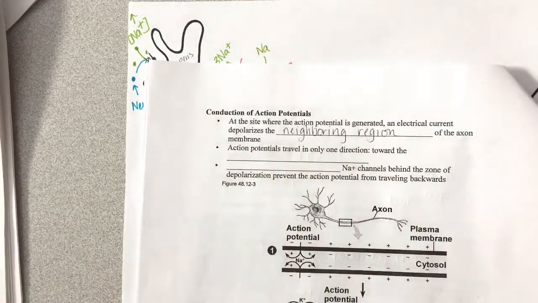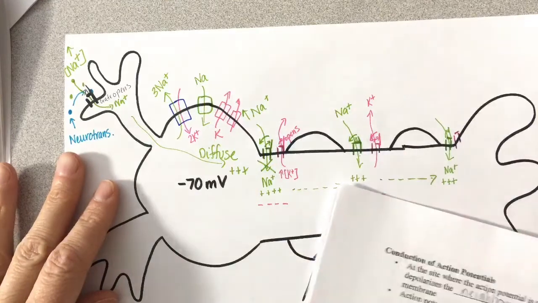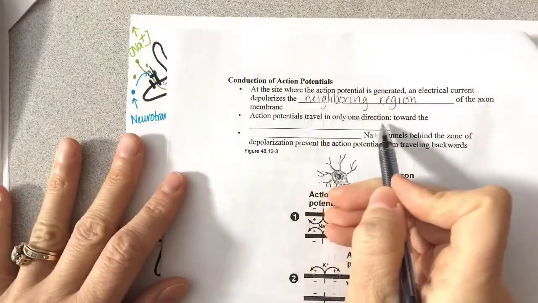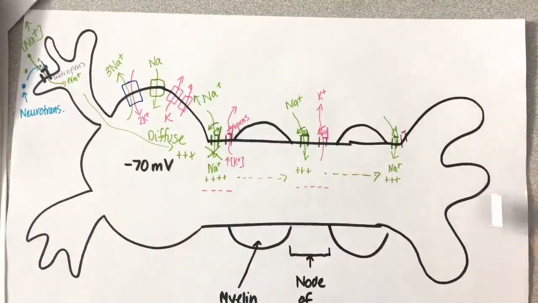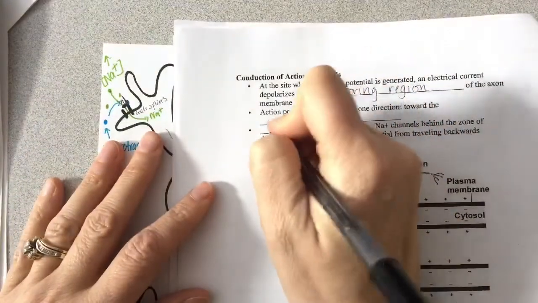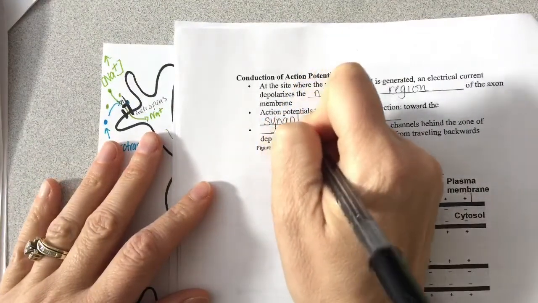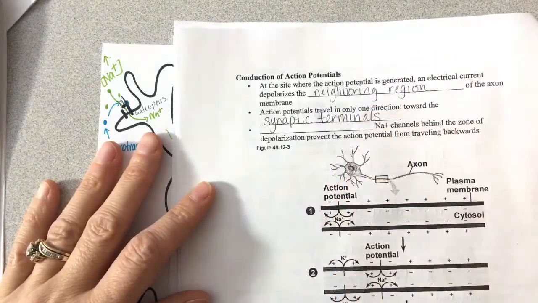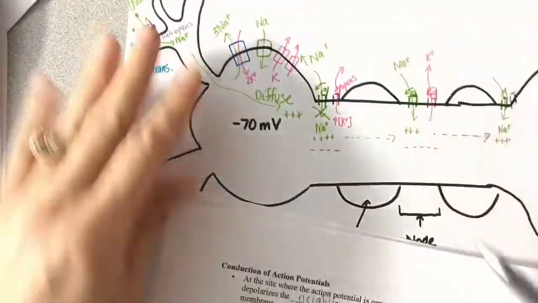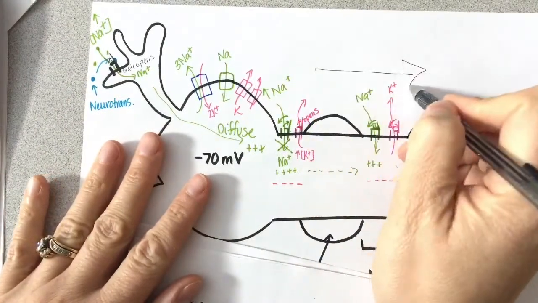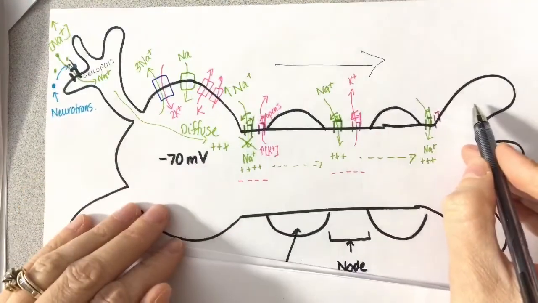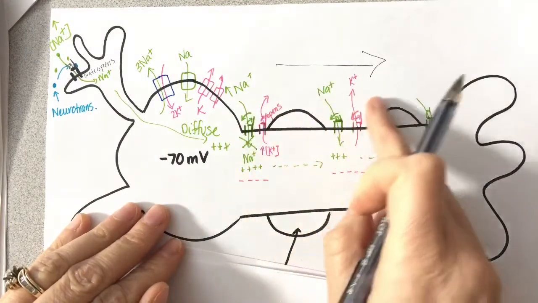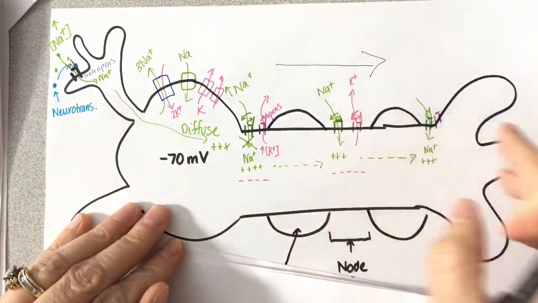So at the next node, what we've just talked about happens. Action potentials travel only in one direction toward the end of the neuron. This is called the synaptic terminals, or sometimes the synaptic knobs. Therefore, our direction of movement is from cell body to synaptic terminal. And so that signal kind of jumps from node to node because that's where the gates open and close.